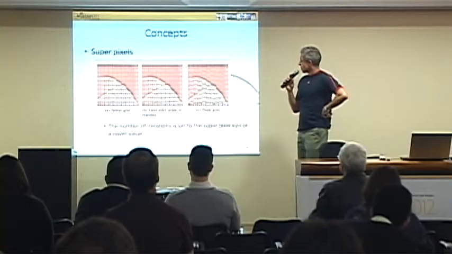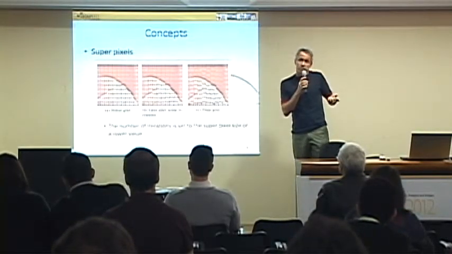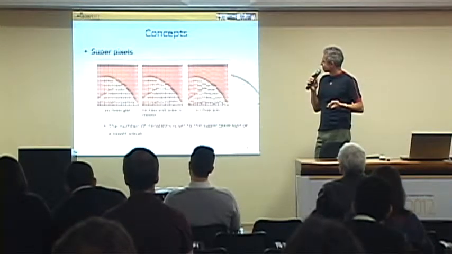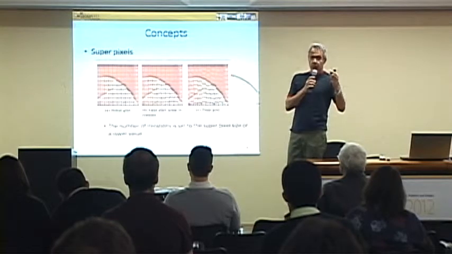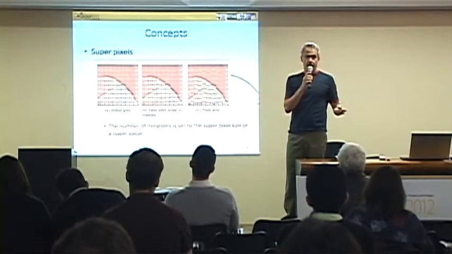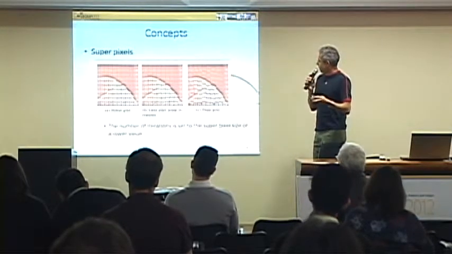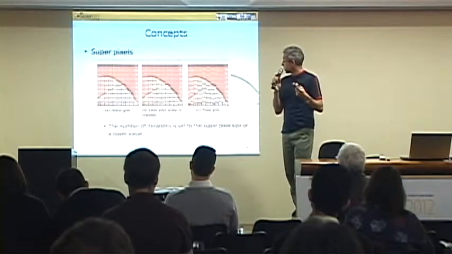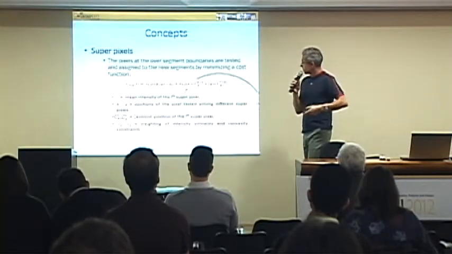The number of iterations is very much related to the size of the grid cell, nothing more than that. We came out with that experimentally, basically, and in fact we can do it very quickly with very few iterations.